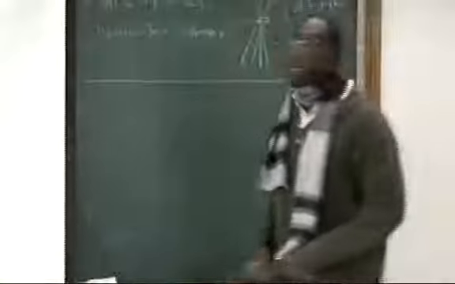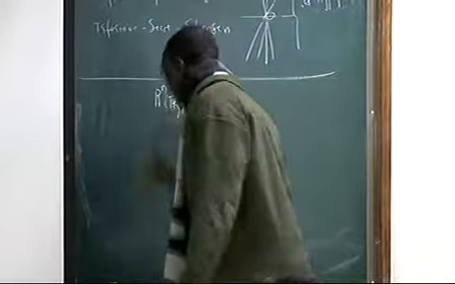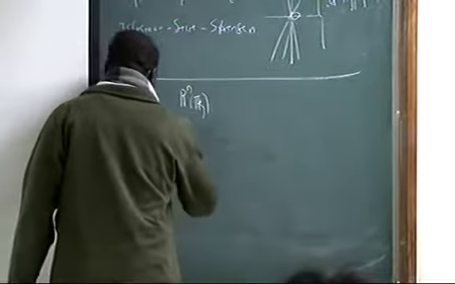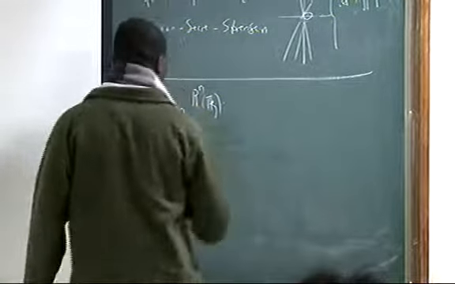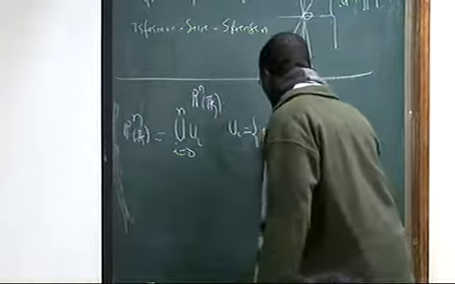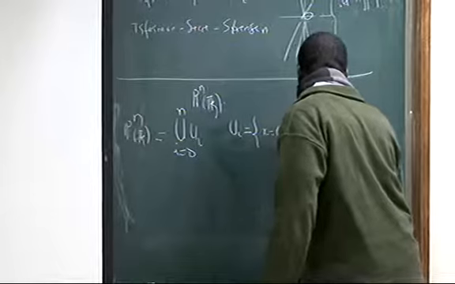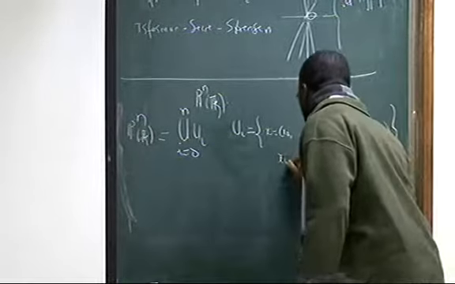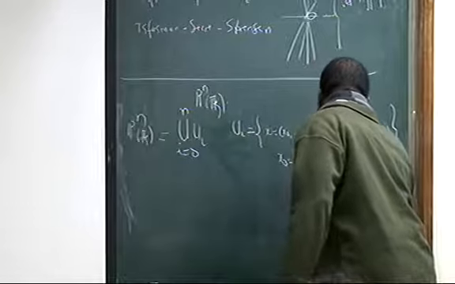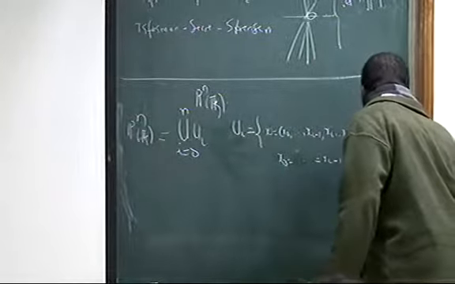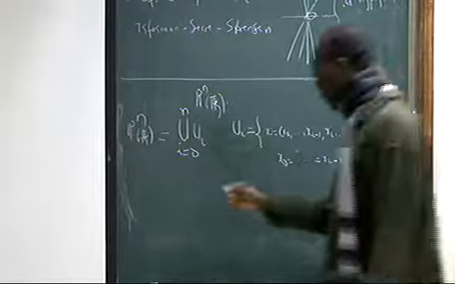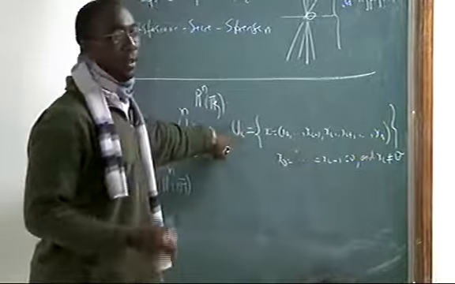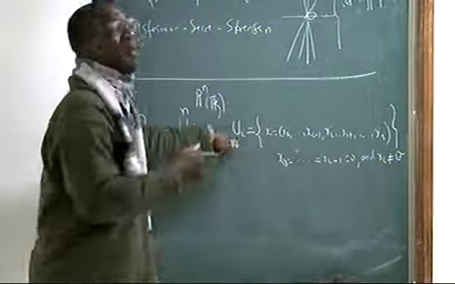If you live in the projective space P^n, we can write P^n as the union of the U_i, where U_i is the set of points with x_0 to x_{i-1} equal to 0 and x_i different from 0. The union of the U_i is a partition of P^n.